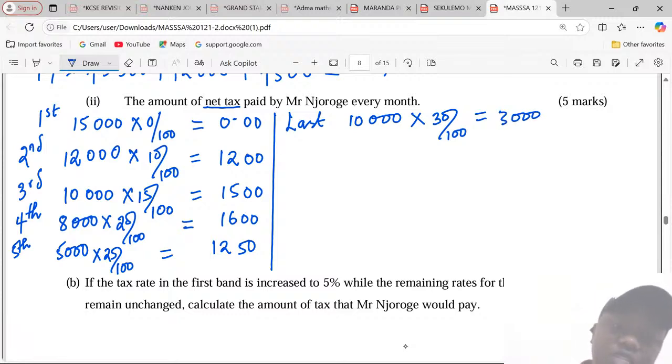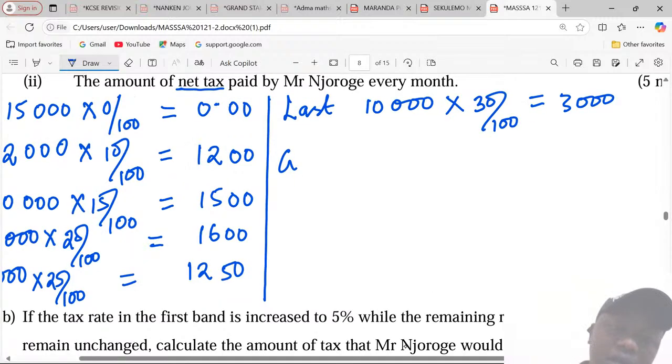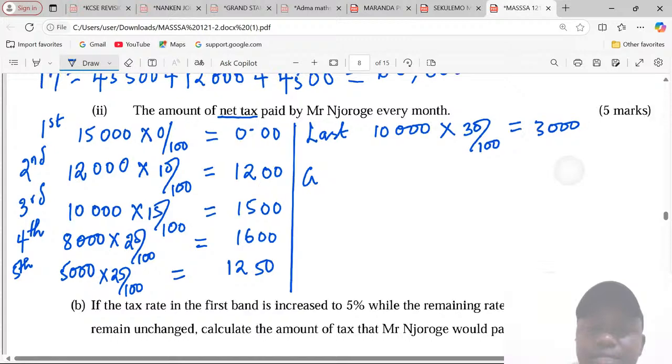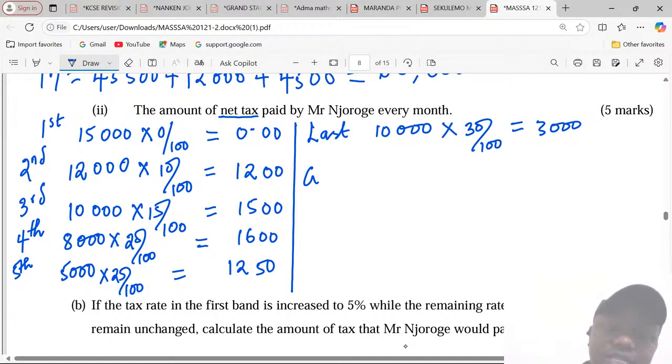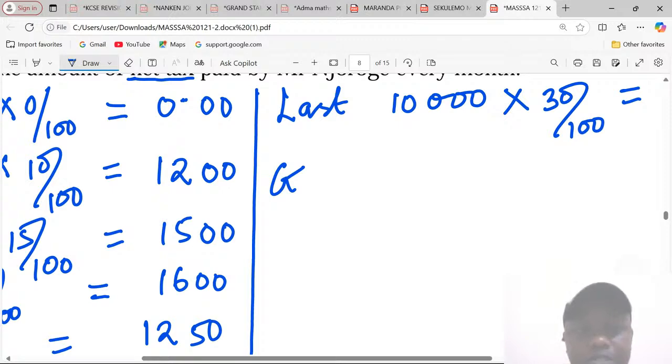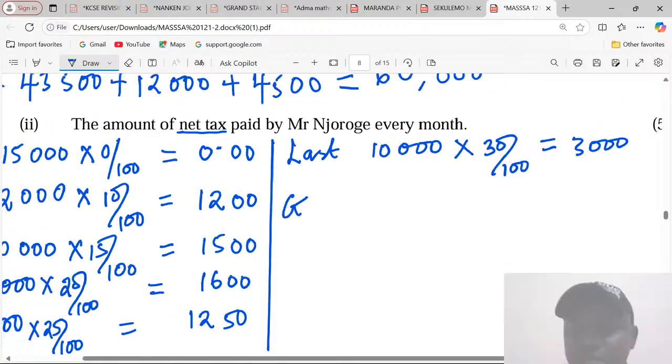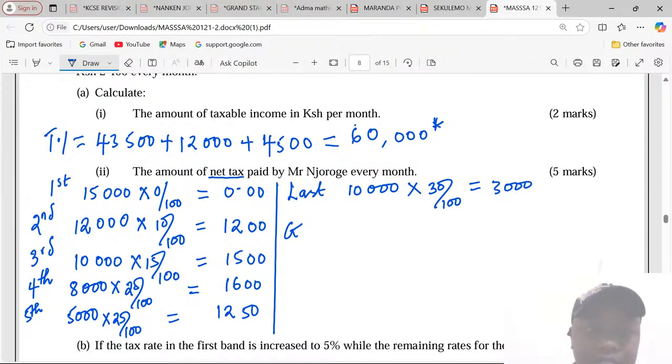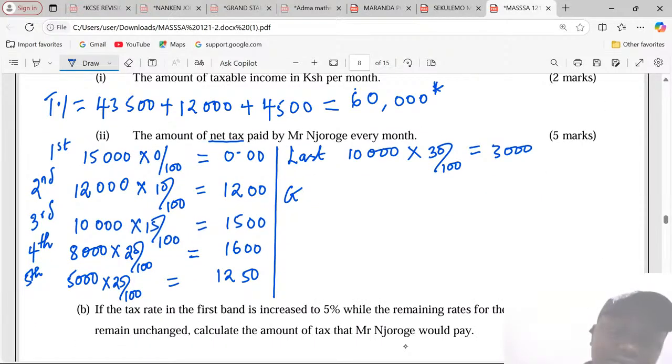So we can get the total tax, or rather, the gross tax. This will be when we add all of them.